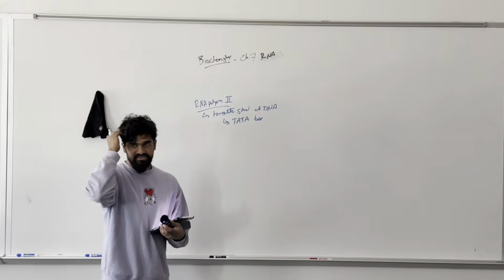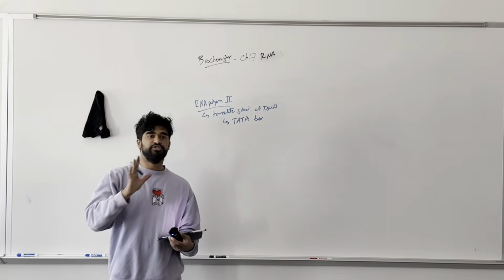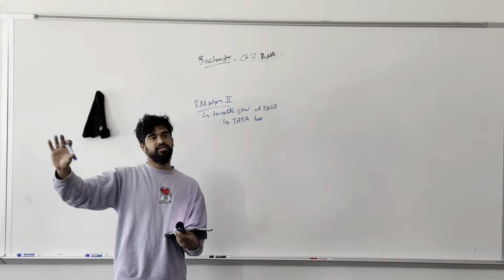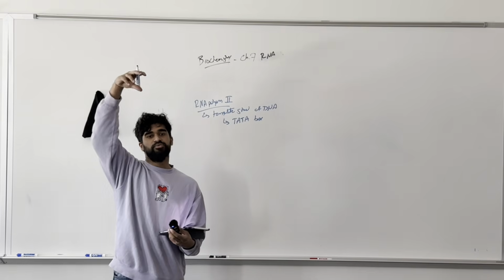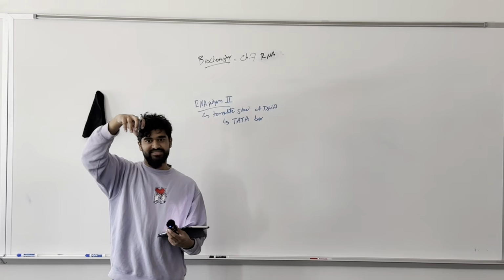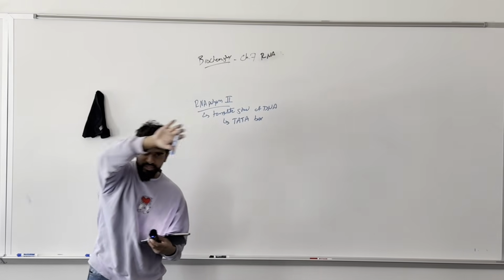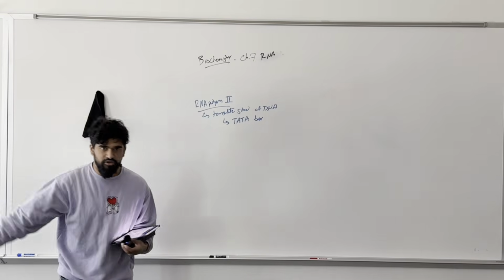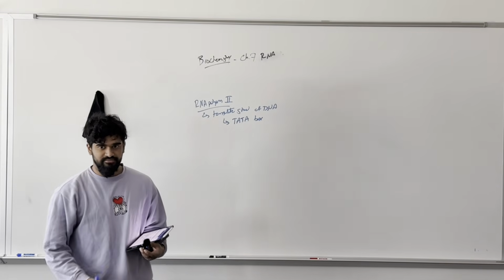The TATA box exists upstream of the gene that you're trying to transcribe, so that when the RNA polymerase attaches to the TATA box, you get a movement towards the gene and transcription of the gene into mRNA.